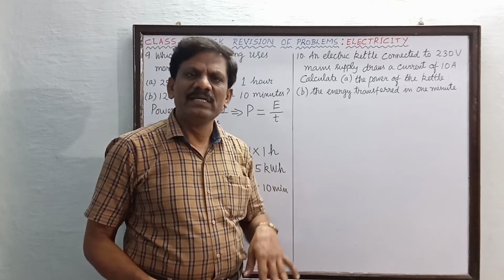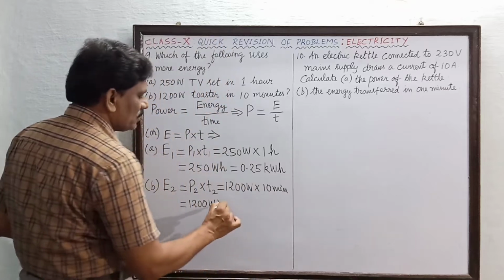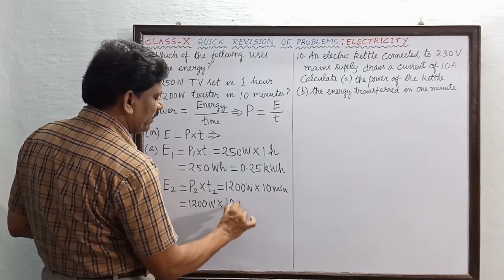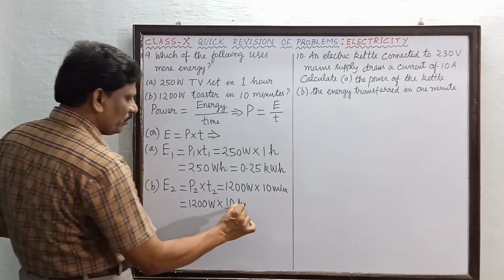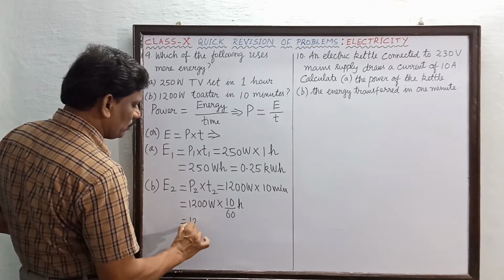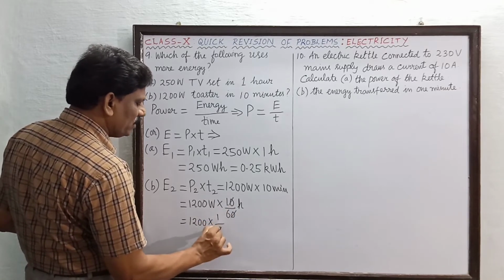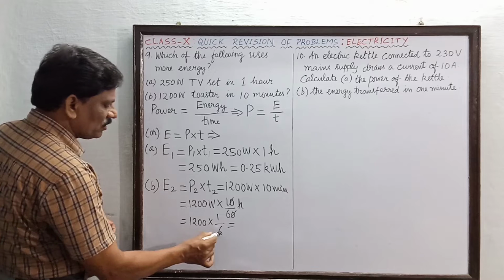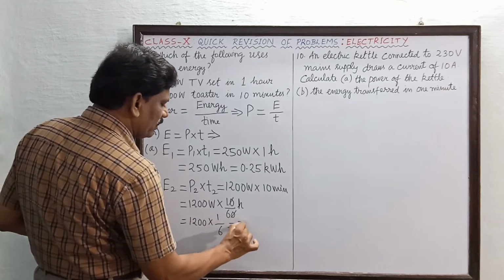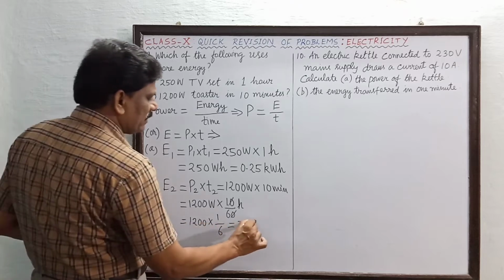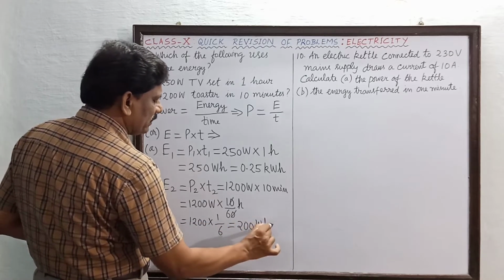We have to divide it by 60, so this is 10 divided by 60 hour. So this is equal to 1200 into 1 by 6. 6 2s are 12, so this is equal to 200. So this is 200 watt hour.